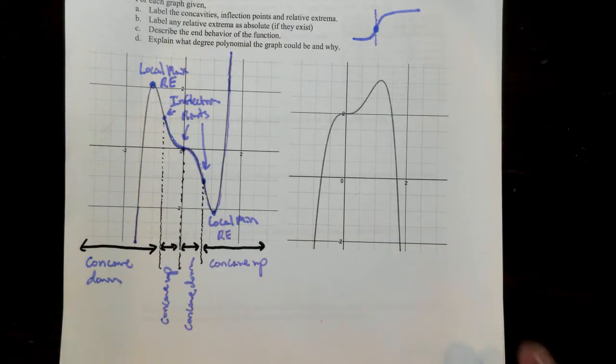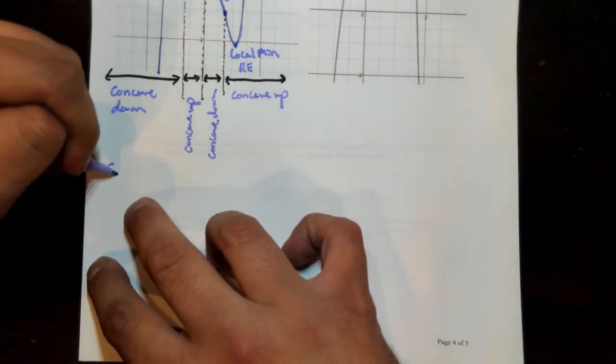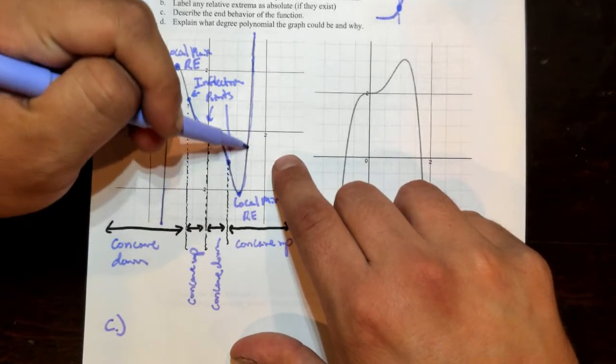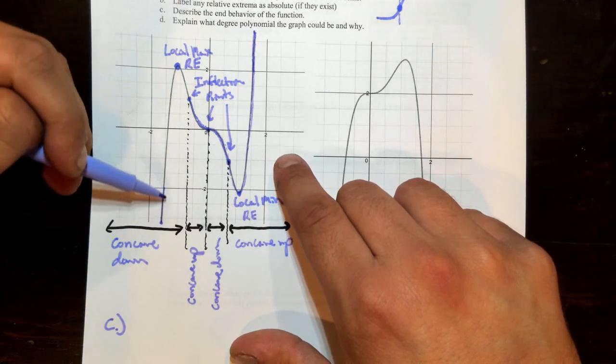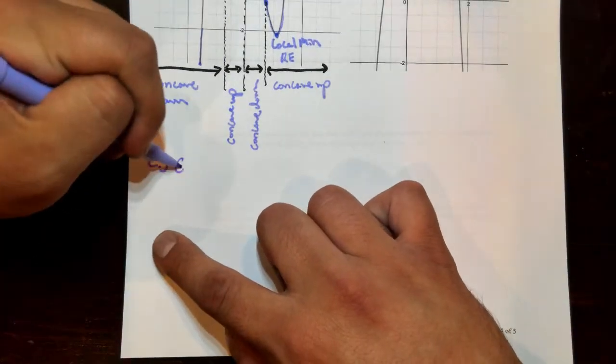Describe the end behavior of the function. So the end behavior, we can say the graph has opposite end behavior because look, as we go to the right, it goes up forever, and as we go to the left, it goes down towards negative infinity.